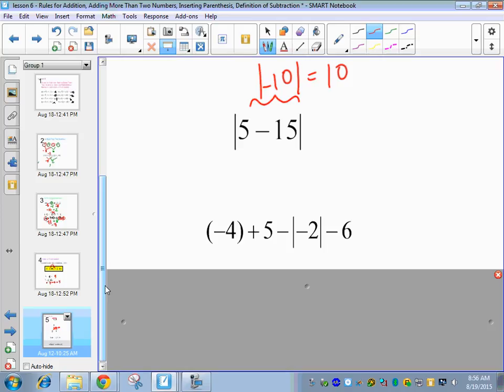Little off, little off. Good, good. So remember, I would tackle the absolute value part first. Get rid of that.